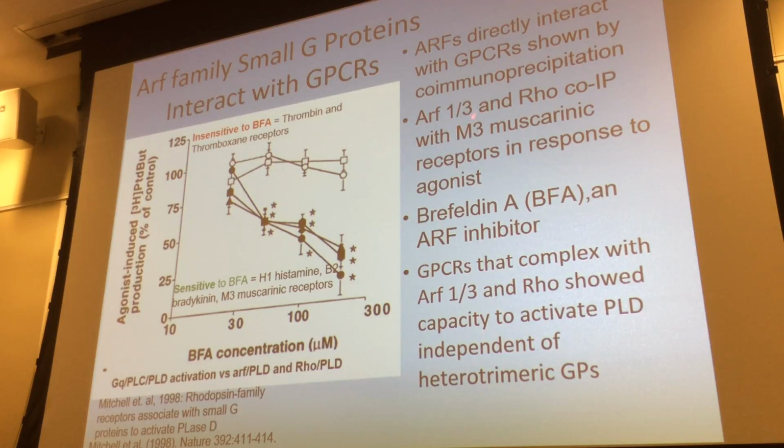So what we have to assume now is that ARF must be working with muscarinic receptors, histamine receptors, and bradykinin receptors to produce a cell signal. And that signal is going through the phospholipase D. So does everybody agree that that's probably what this is telling us?